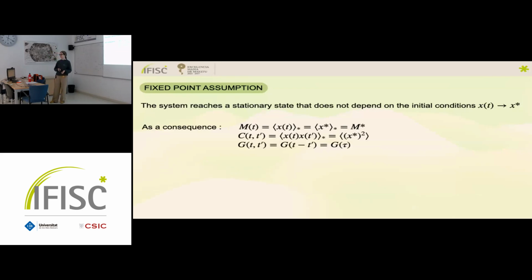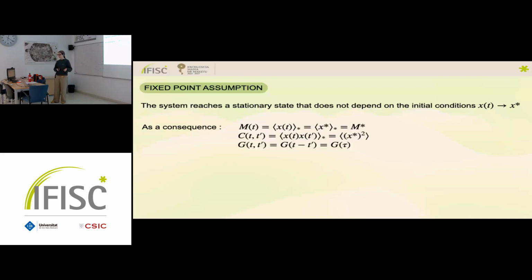I say that my system at a certain point reaches a stationary state that does not depend on the initial conditions. This, of course, modifies the quantities M, C, and G. C becomes a constant, and G now depends only on time differences.